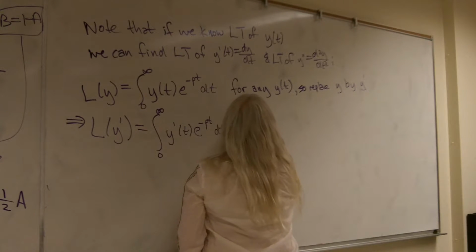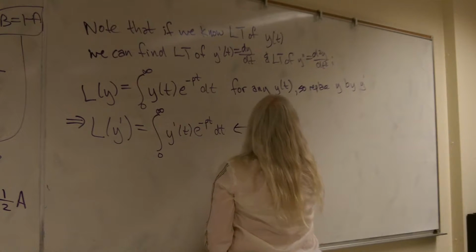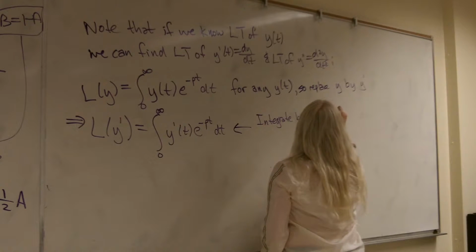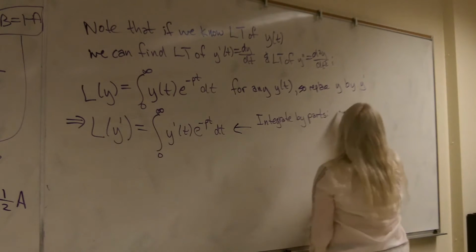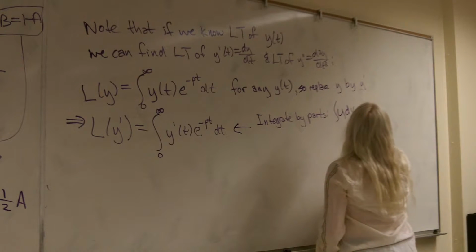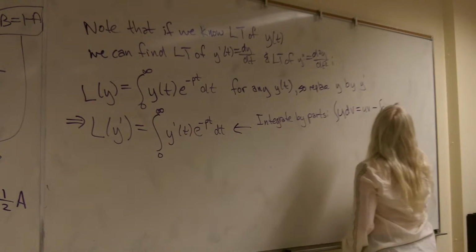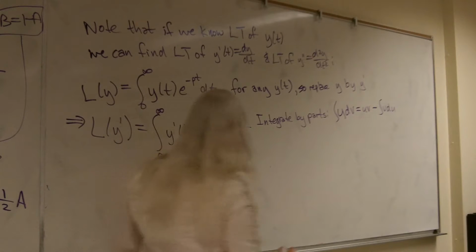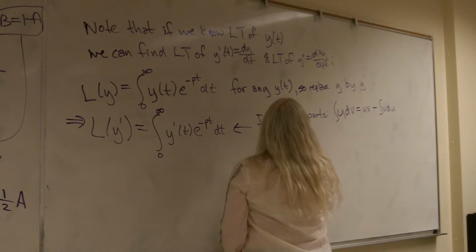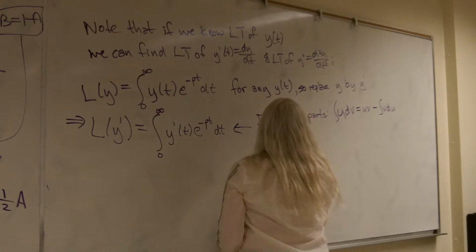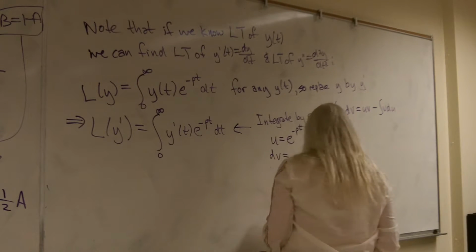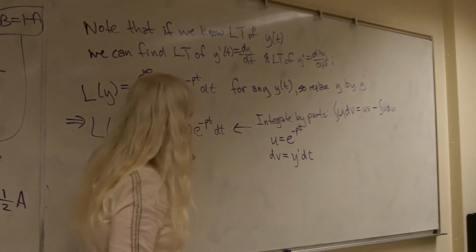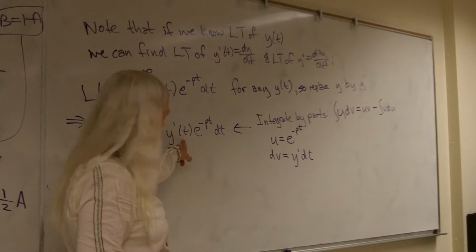Now in this integral, let's integrate by parts. Integrating by parts, we have the integral of u dv is equal to uv minus the integral of v du. So let's identify our u and v. Let u be equal to e to the minus pt, and dv be equal to y prime dt. Then this is the integral of u dv right here.